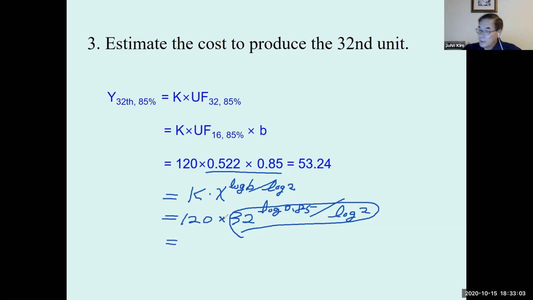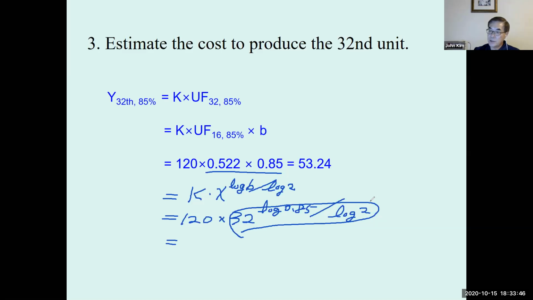I will try to calculate. First, I need log of 0.85, divided by log 2, equals.